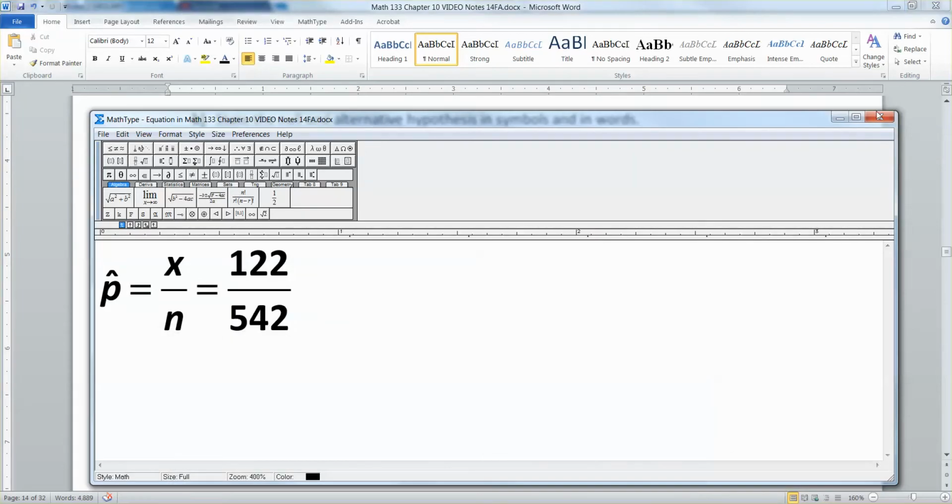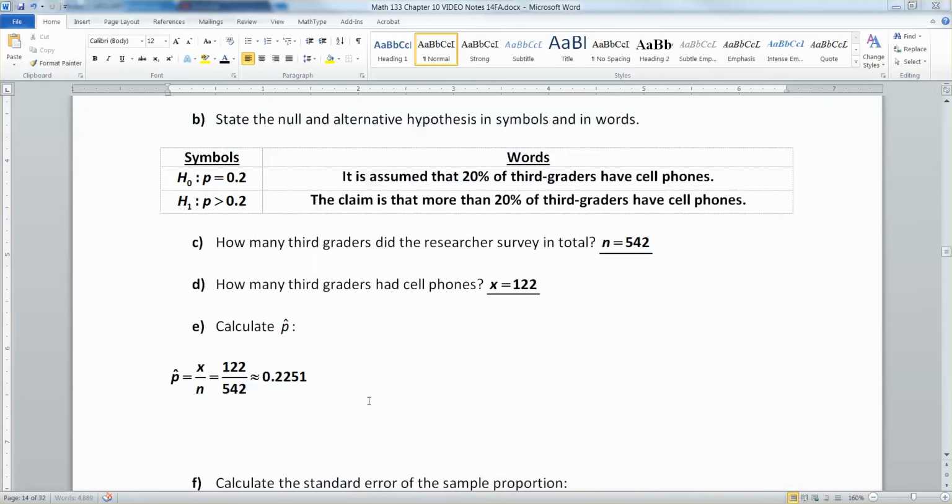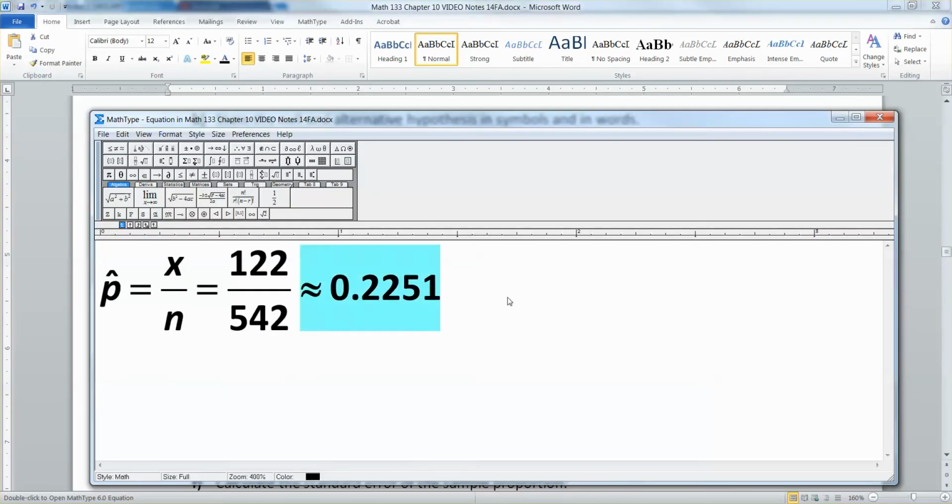That's 0.2251, about 0.2251. And technically both of these are correct, it's whichever way you want to think about it.